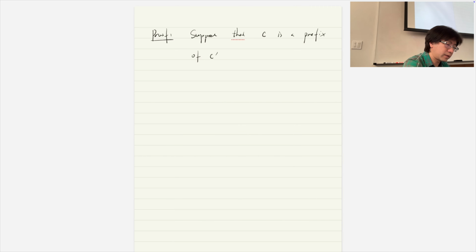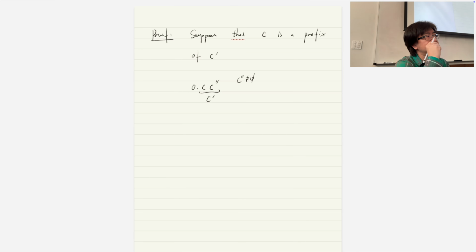Then C prime can be represented as C followed by something. Since C is a prefix of it and they're not the same, we have to have some C double prime here, and C double prime cannot be empty.